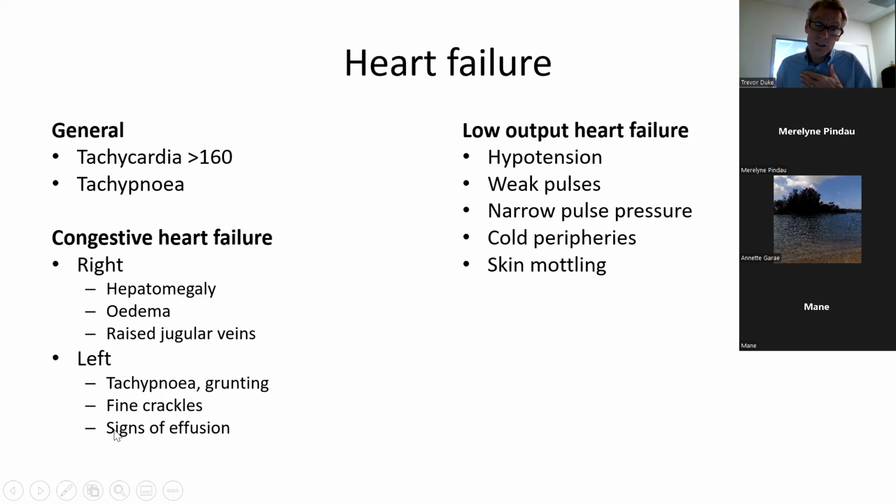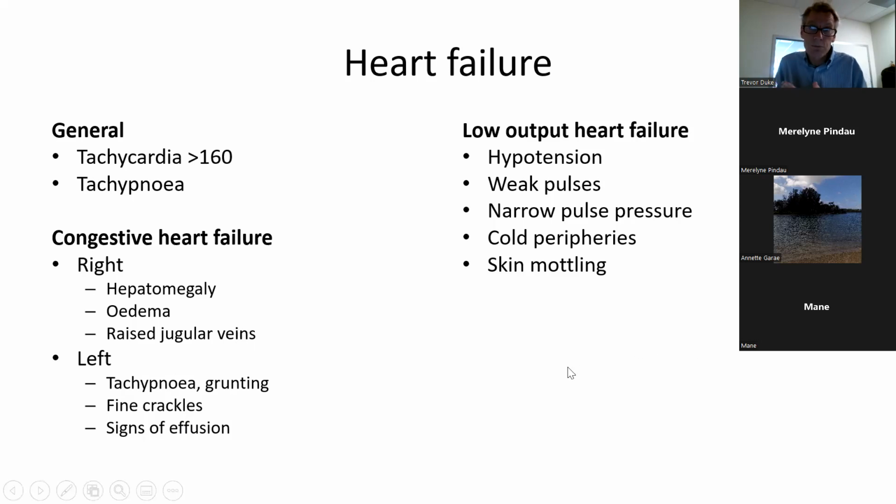Most children who have severe left heart failure will have wet lungs, and sometimes that will be just pulmonary edema, and sometimes it'll be pleural effusions. So when you see children with congestive heart failure, think, is it predominantly right heart failure, or is it left heart failure, or is it biventricular failure?